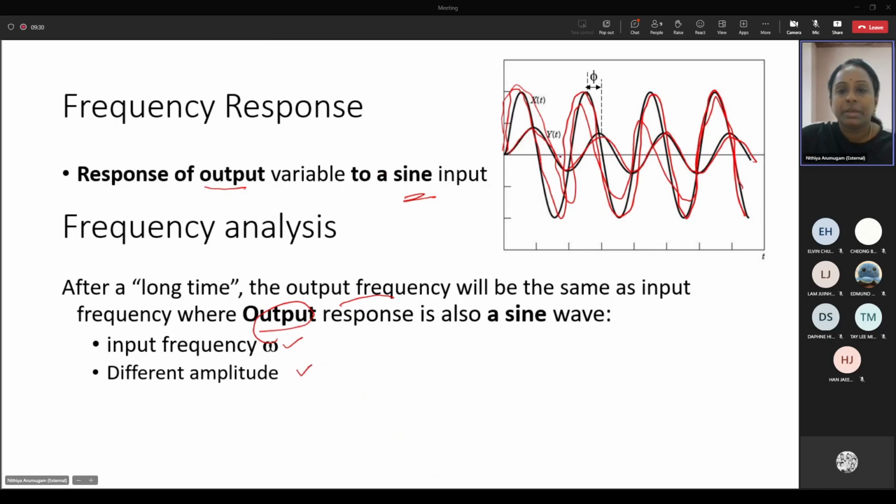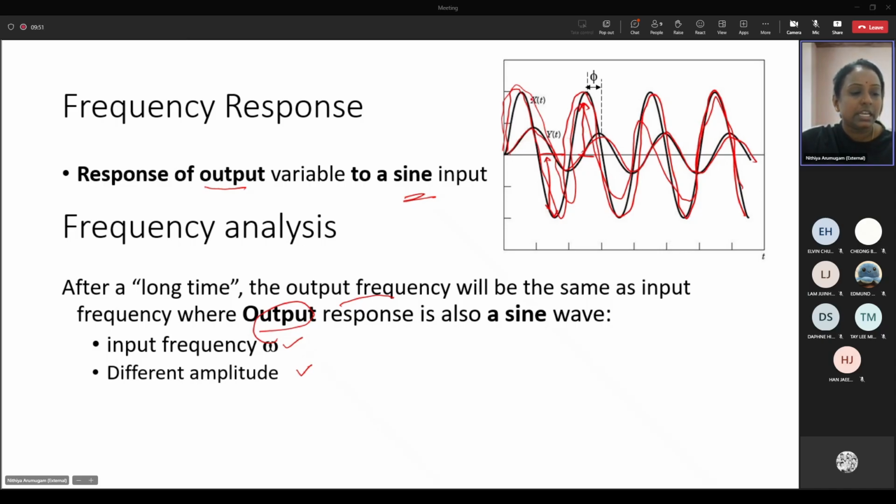All right, so basically the amplitude can be calculated from this axis to the peak, or the other way, from this axis to the peak. So different graphs will have different amplitudes. All right, so that is one thing.